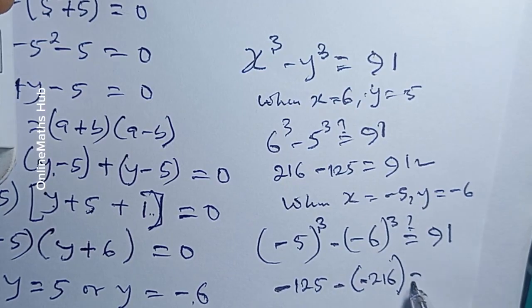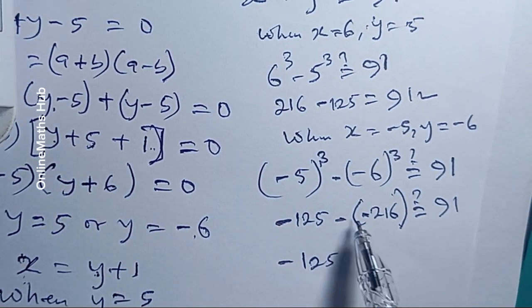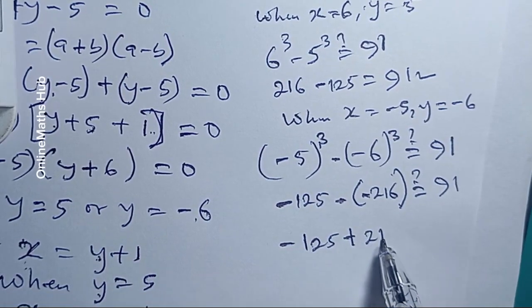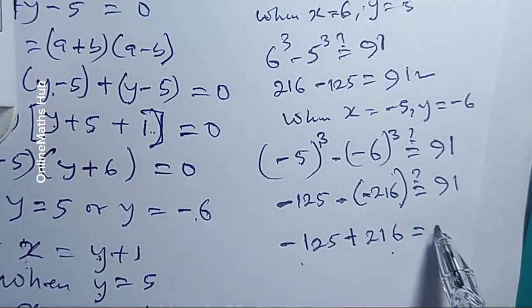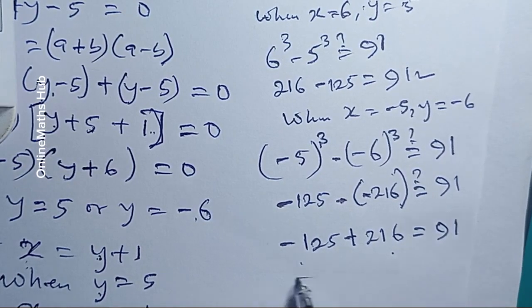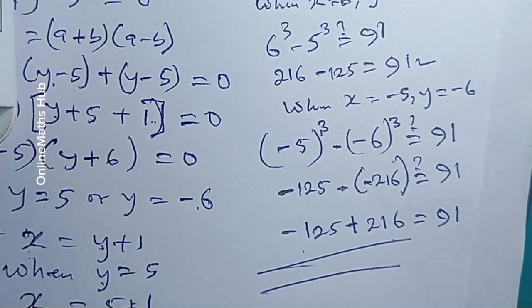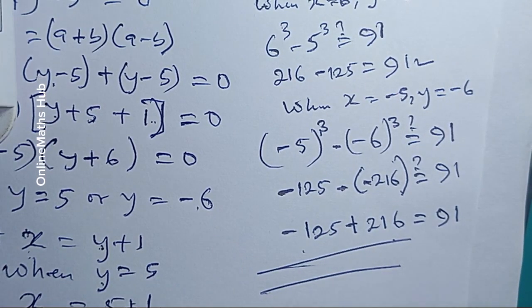Will this be equal to 91? Obviously this is minus 125, and minus multiplied by minus here is plus 216. And obviously if you subtract, this is going to be equal to 91. So obviously the two solutions we found do satisfy the problem we just solved. That is basically how you solve this kind of problem.